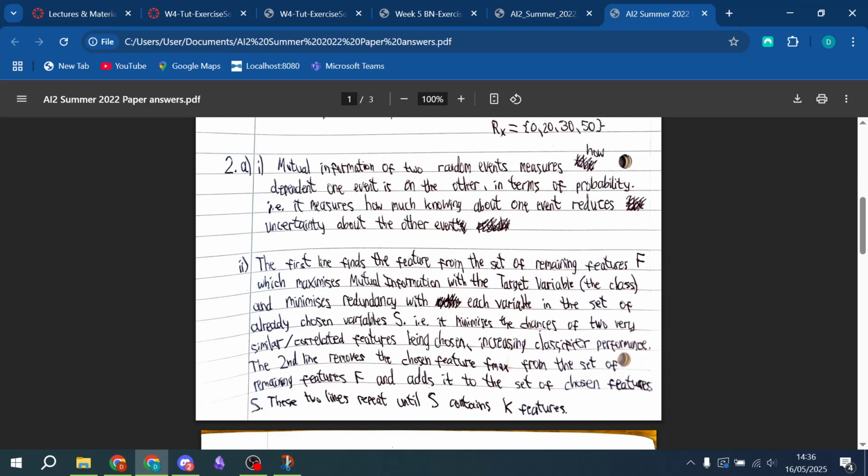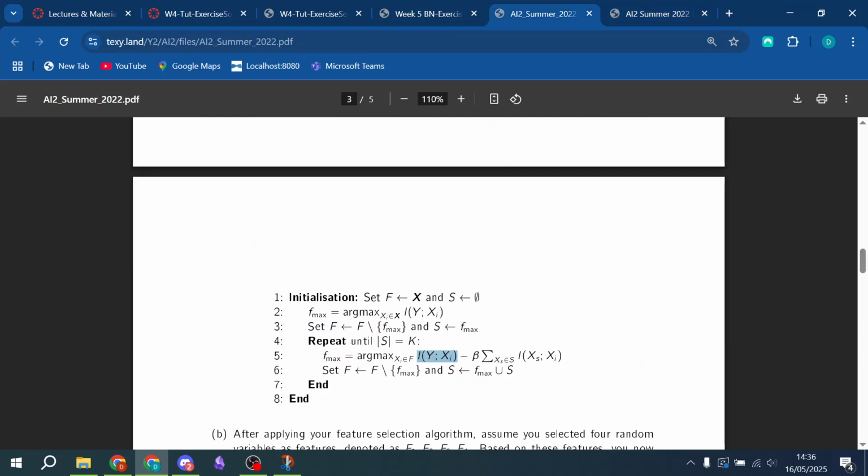And then the loop just repeats until we have k features. So that's what this says. It says until the size of the set S is k, where the cardinality is just the number of elements in S, which is the set of features we've chosen. So yeah, repeating until there's k features.